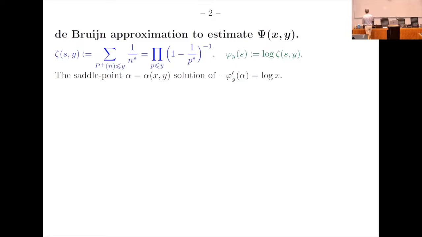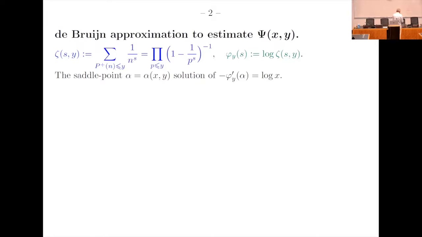This is a sum over y-friable integers of 1 over n to the power s. So we have an Eulerian product. You can write phi index y of s, the logarithm of this Dirichlet series.